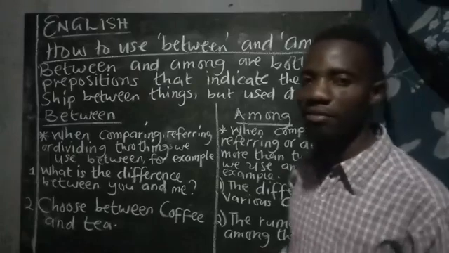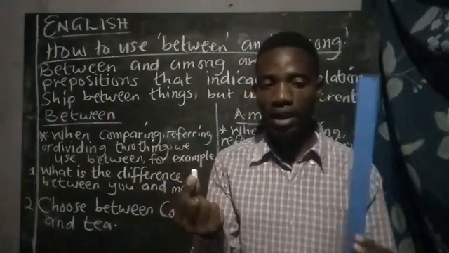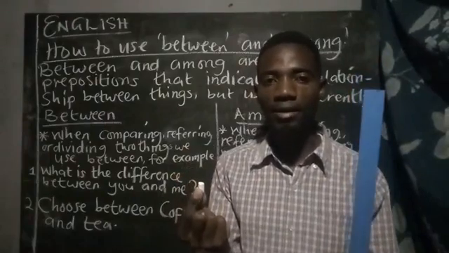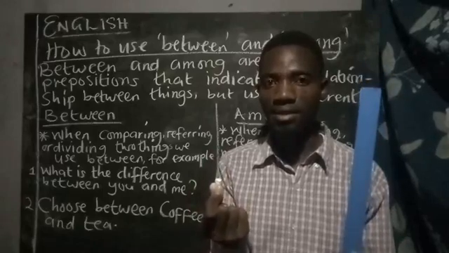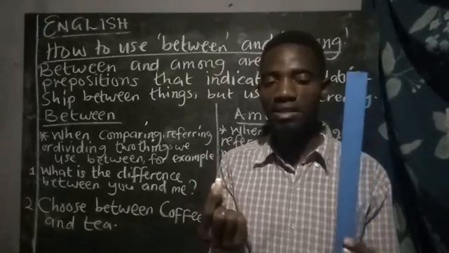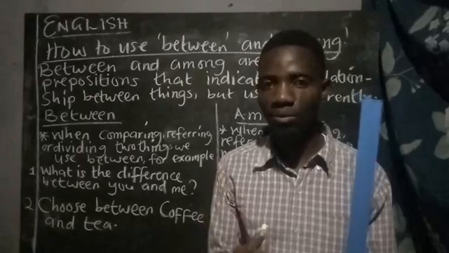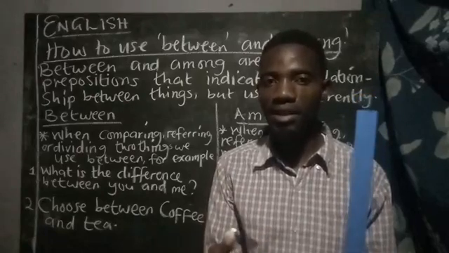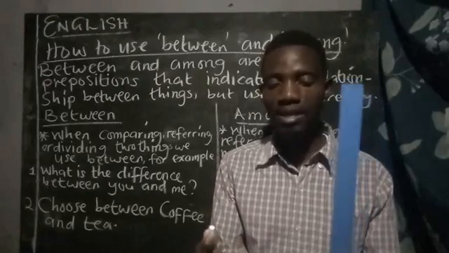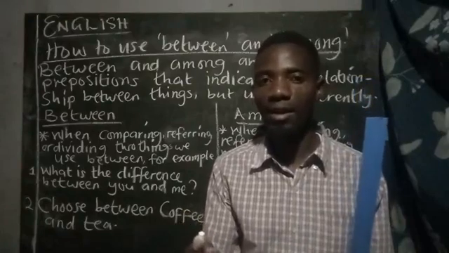Let's say we have got two things before us, a piece of chalk and a ruler. Now we want to compare these two things. We'll say this ruler is longer than this piece of chalk. If we ask a question, we would say between the ruler and the piece of chalk, which one is longer?